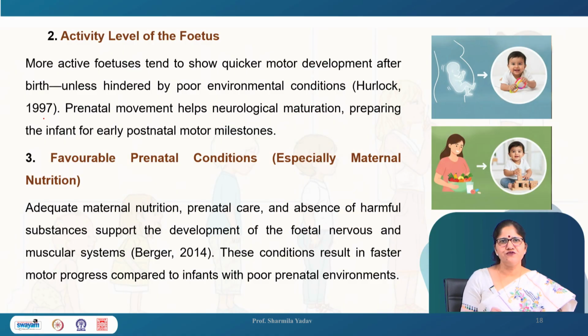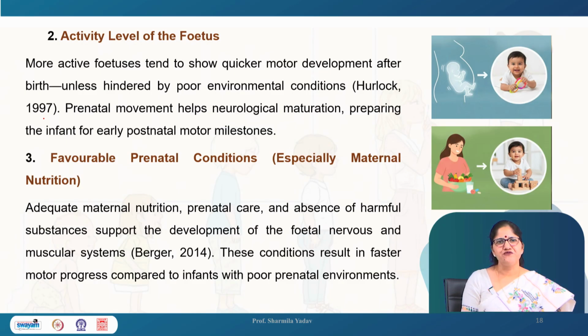Activity level of the fetus. More active fetuses tend to show quicker motor development after birth unless hindered by poor environmental conditions. Prenatal movement helps neurological maturation, preparing the infant for early postnatal motor milestones.